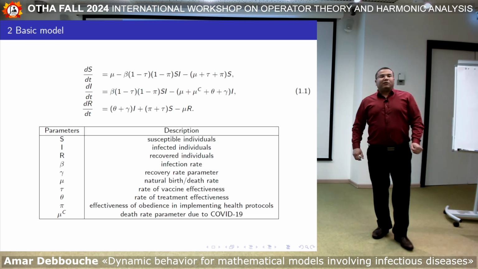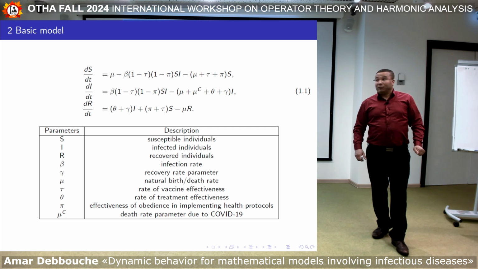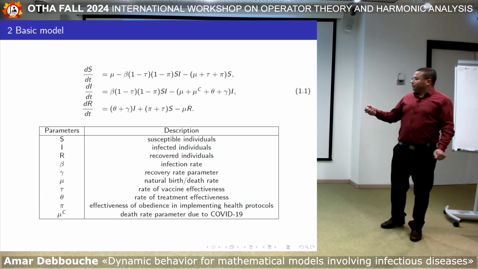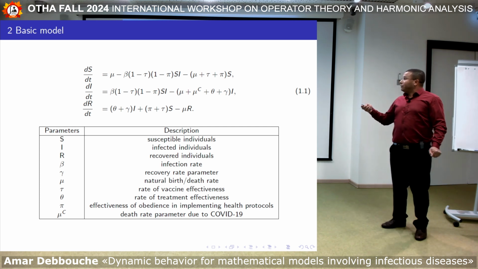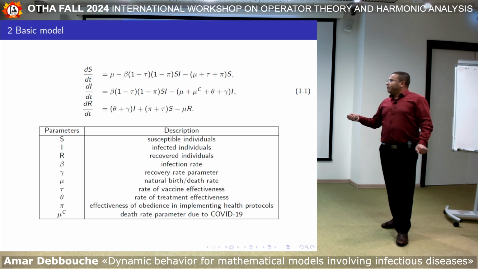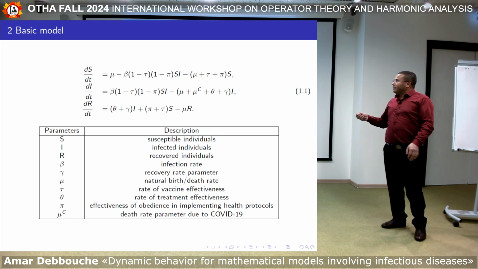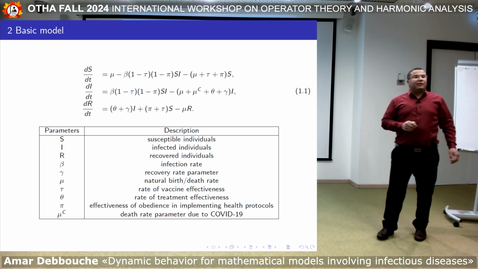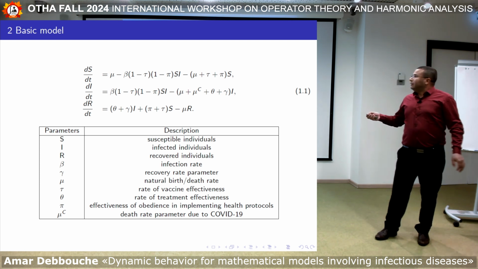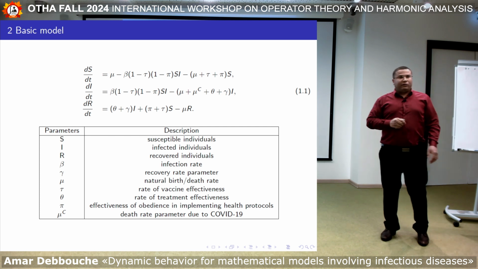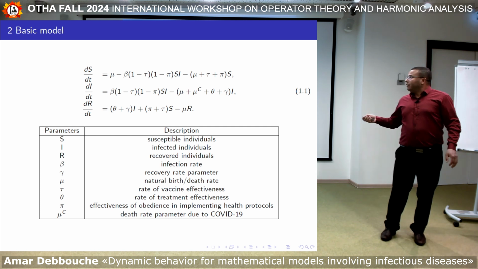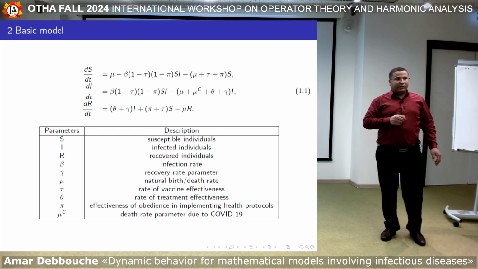Before we talk about the COVID-19 model, I would like to introduce the general model for infectious disease, which is represented by the unknown functions S, I, and R. S represents susceptible individuals, I infected individuals, and R recovered individuals.